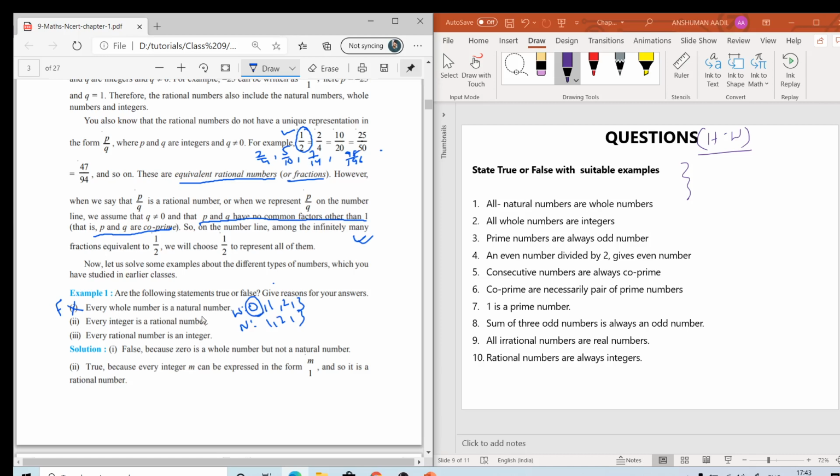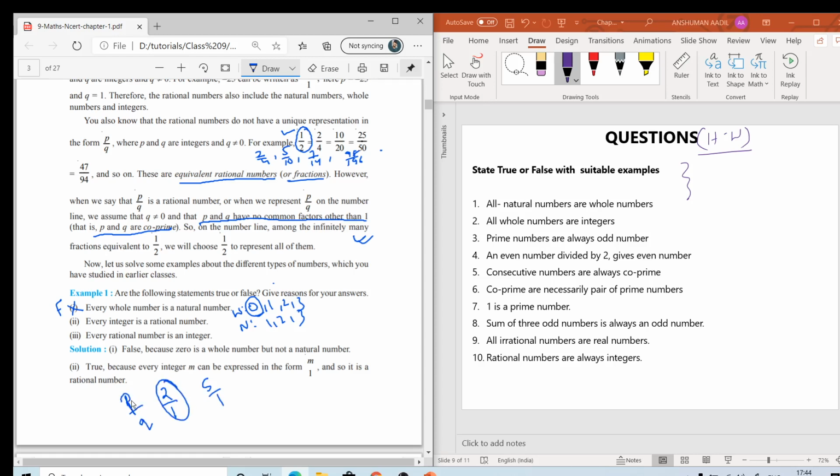Every integer is a rational number. What are integers? Integers are those where the denominator equals 1. So we can write any integer like 2 as 2 divided by 1, 5 divided by 1. What are you going to observe?